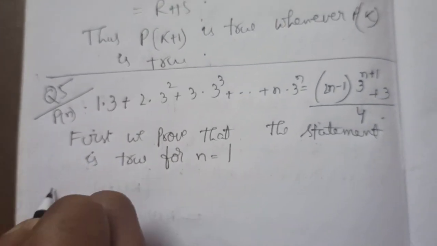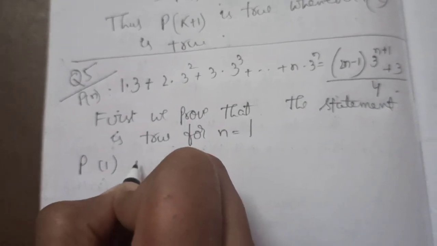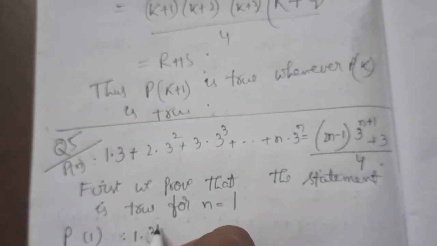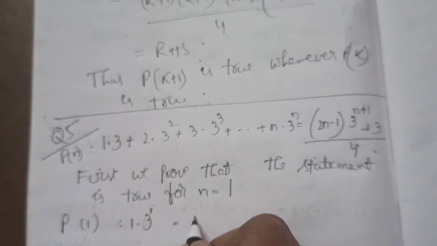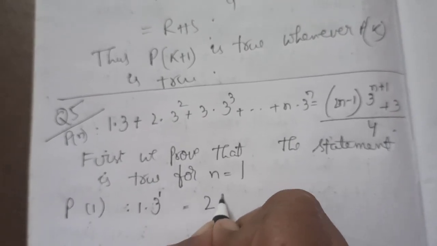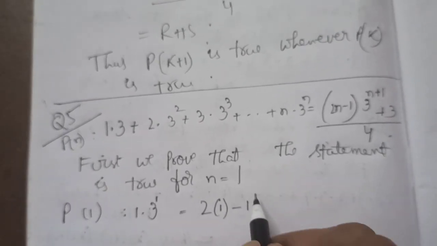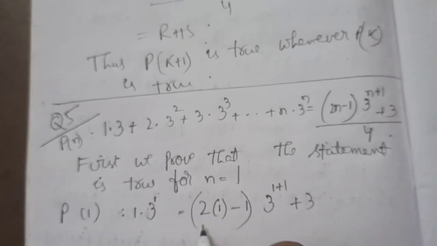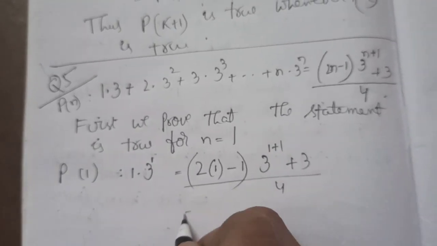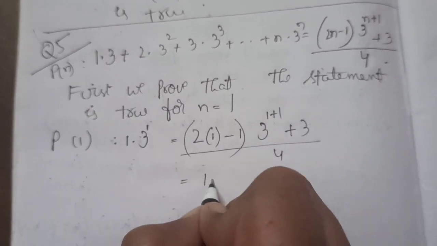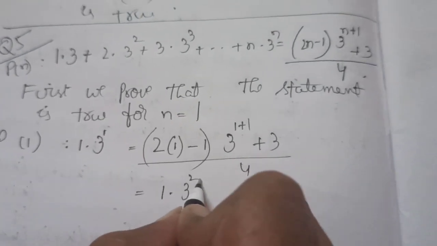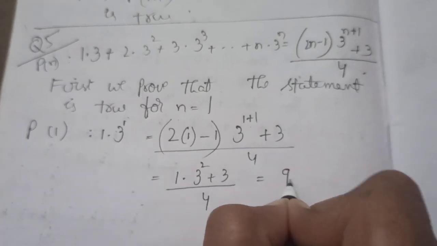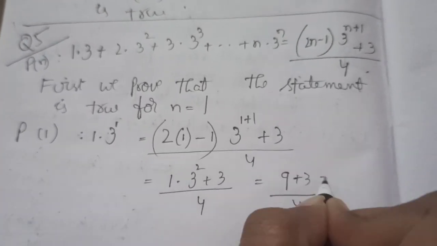That means P(1): 1 into 3 equals 3, which is equal to ((2 into 1 minus 1) into 3 to the power (1+1) plus 3) by 4, which is equal to 2 minus 1, that is 1, into 3 square plus 3 by 4. 3 square is 9, 9 plus 3 is 12, 12 by 4 is 3.